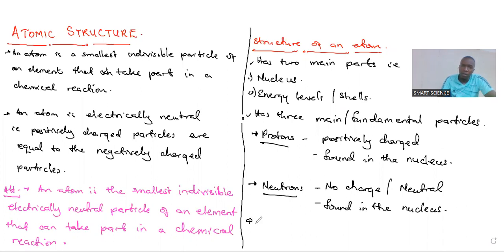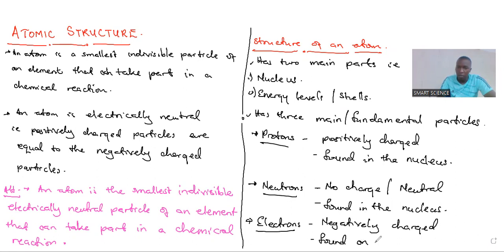Number 3 are electrons, which are negatively charged and found on energy levels.